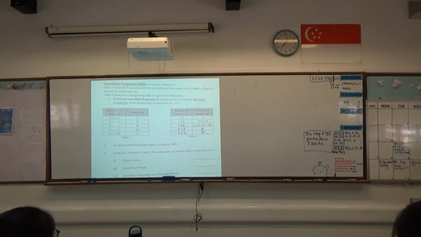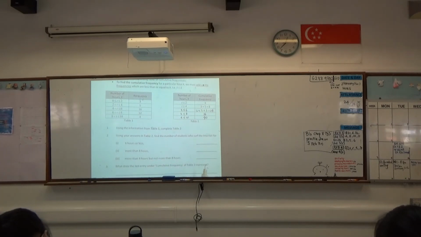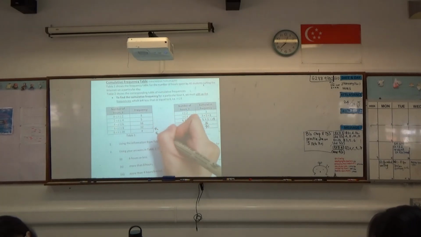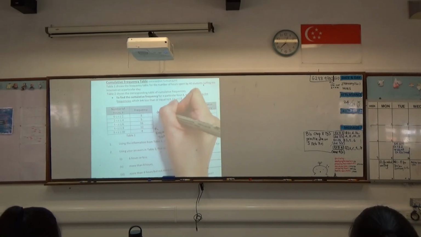Question 2. Using your answers in table 2, we want to find the number of students who surf the internet for 6 hours or less. So this is a frequency table, while this is a cumulative frequency table.